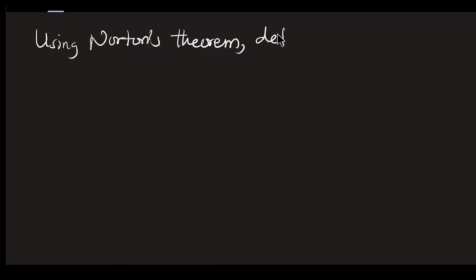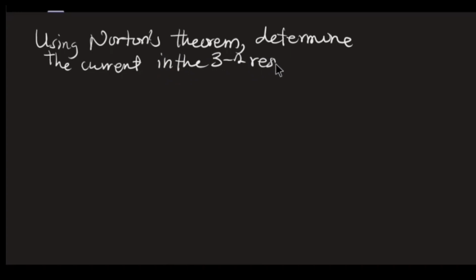Using Norton's theorem, determine the current in the 3 ohm resistor. I'm using this circuit.